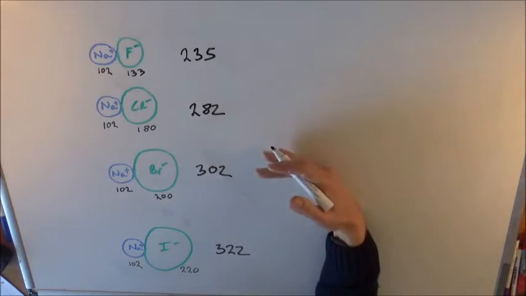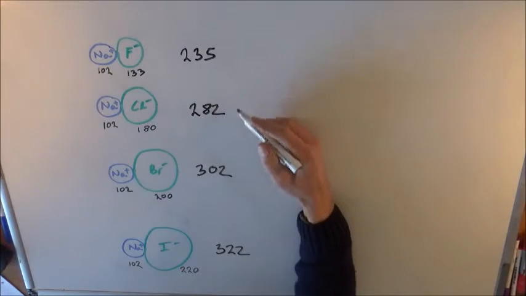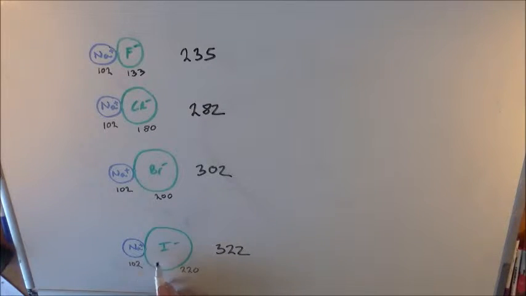So the actual values don't matter, it's the trend that as we go down from the fluoride to the iodide, the ions are not as able to get so close together, so we'd expect the electrostatic force of attraction between them to weaken.